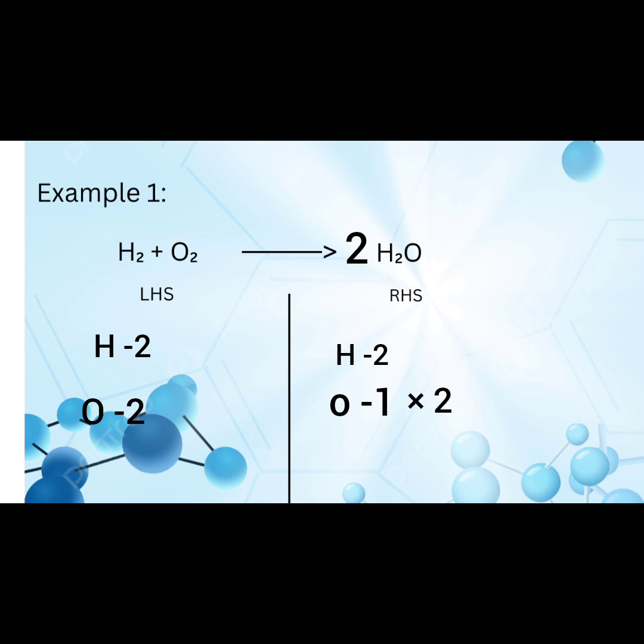But unfortunately, there are only 2 molecules of hydrogen in LHS. So if we multiply by 2, then we'll get 4 molecules of hydrogen in LHS as well as in RHS, and 2 molecules of oxygen in LHS as well as 2 molecules of oxygen in RHS. Thus, the equation is balanced.